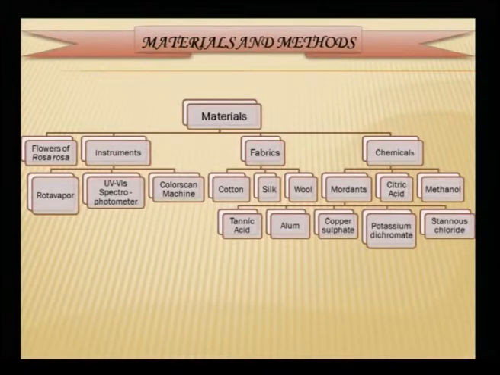The chemicals used were the metal mordants alum, copper sulphate, potassium dichromate and stannous chloride, and citric acid and methanol. Cotton was treated with tannic acid only, but silk and wool were treated only with the mordants alum, copper sulphate, potassium dichromate and stannous chloride. So, this is the overview of the procedure, what was used and how it was used.